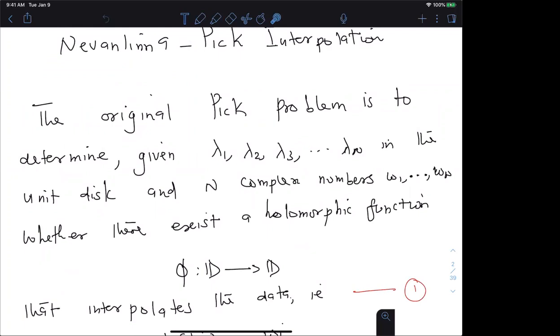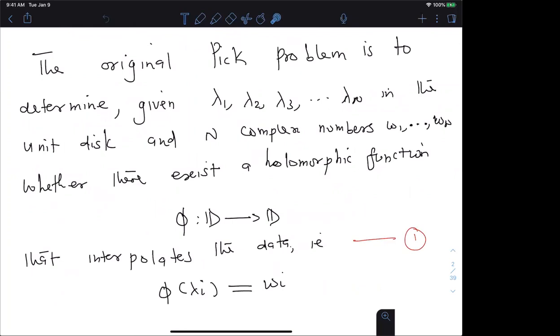He asks a very interesting question: given a number of nodes, a number of points in the unit disk, lambda 1 to lambda n, and a number of complex numbers, omega 1 to omega n, does there exist a holomorphic function from the unit disk to the unit disk that interpolates these points, that is, maps lambda i to omega i?